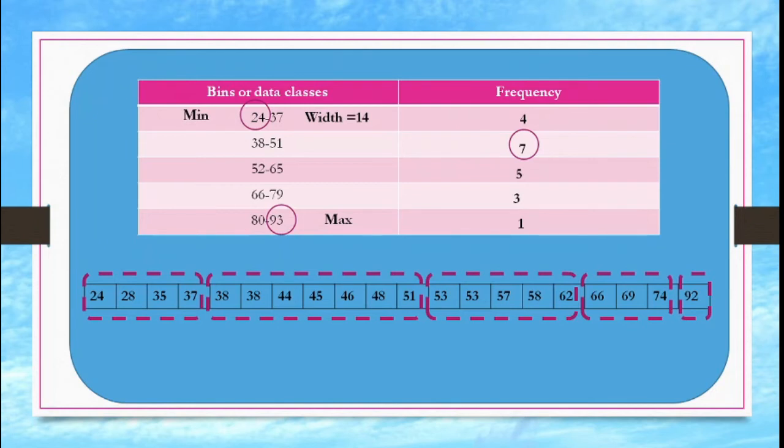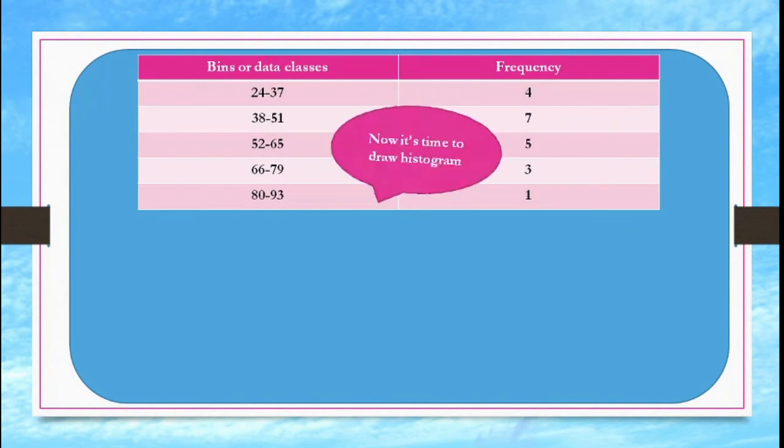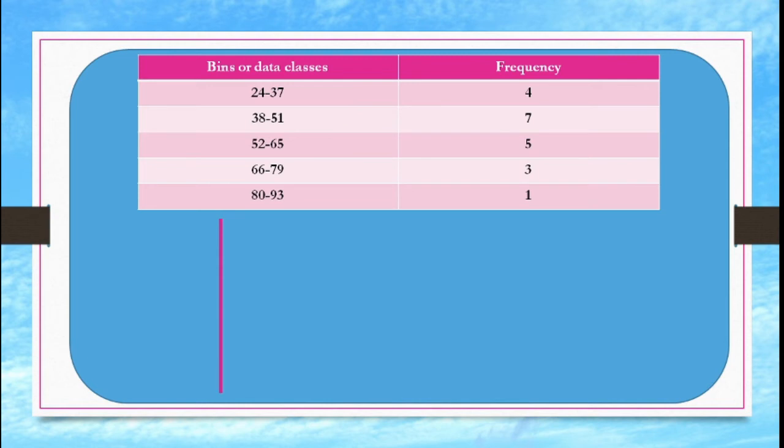So the y-axis, this is the y-axis. Now you can see, I'll show you. So what is the task now? We have to draw the histogram. So what is required? The y-axis is required, and the highest frequency for the y-axis is 7. At the same time the x-axis is required for the bins.